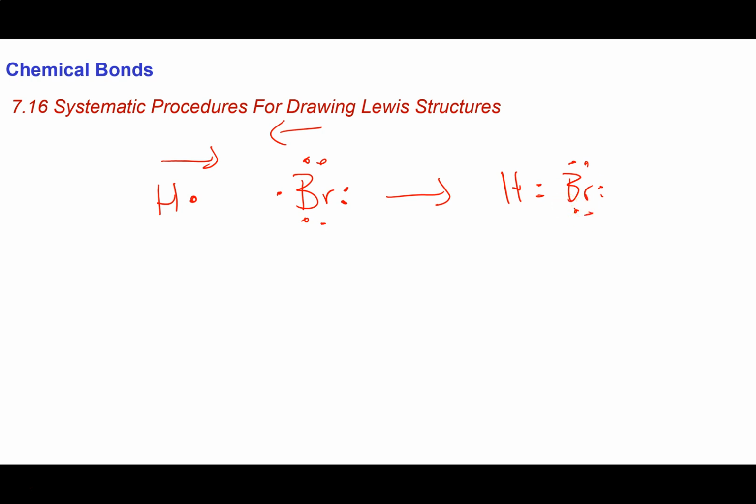And that works for simple molecules. But after a while, it gets a little bit klutzy, and it's not always intuitive. So a series of systematic steps has been developed for making sure you get the correct Lewis structure for a covalent compound.